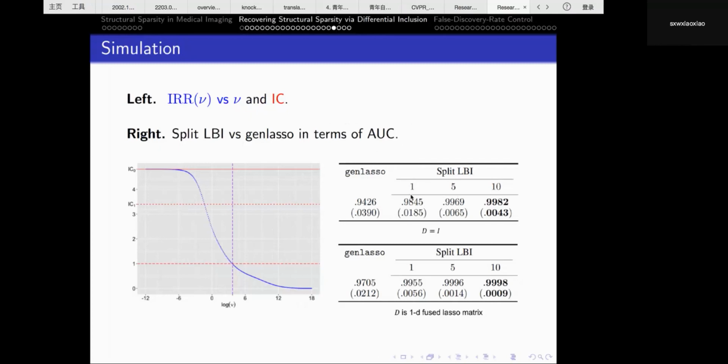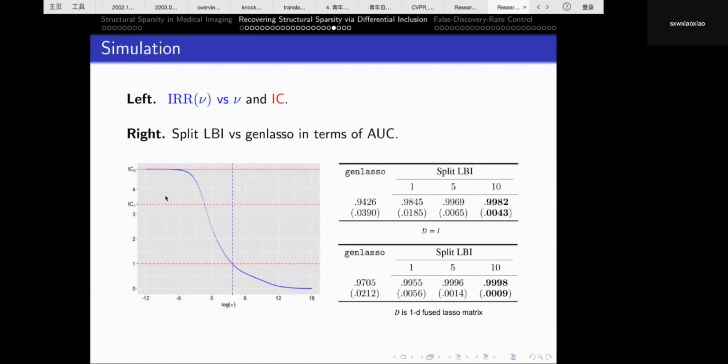When nu increases, we can see that our split LBI can outperform the generalized lasso in terms of AUC, and also the AUC increases as nu increases, and this can be explained by the left figure of the IRR condition.